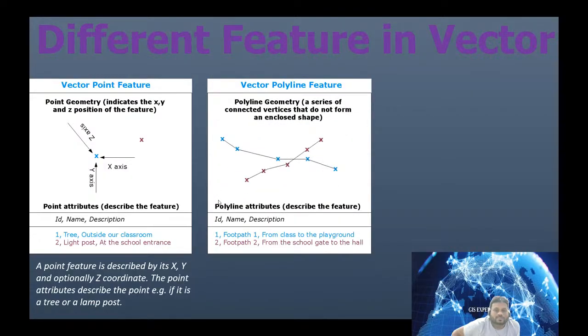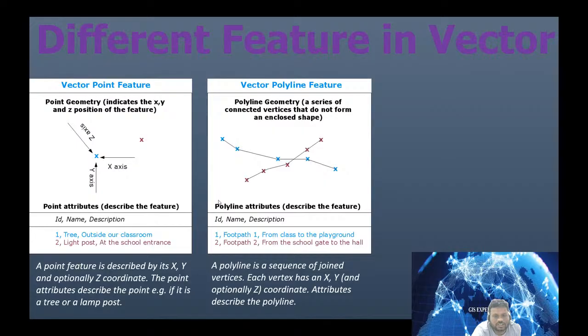Vector polyline features. A polyline geometry is a series of connected vertices that do not form a closed shape. That is the polyline. So a polyline is a sequence of joined vertices. Each vertex has an x and y, and optionally z coordinates.